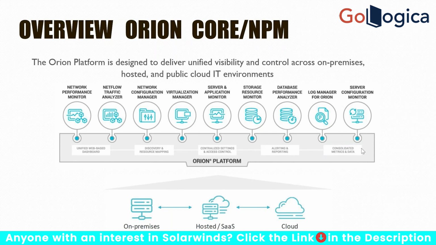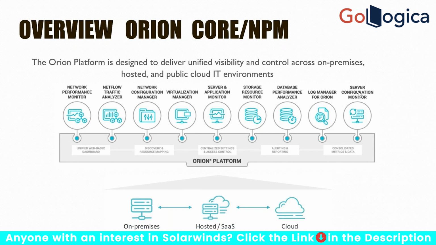Okay, and the last thing is Server and Configuration Monitor. I have kept this module as a part of the HCO bundle, so there is nothing much we can do with it, but they have added it in the HCO module along with the other modules.